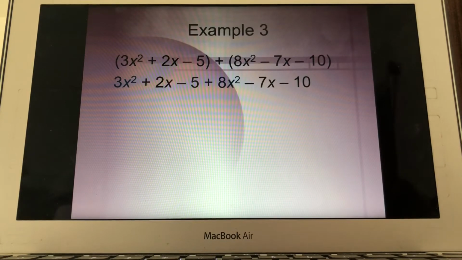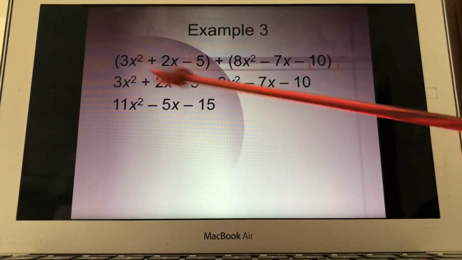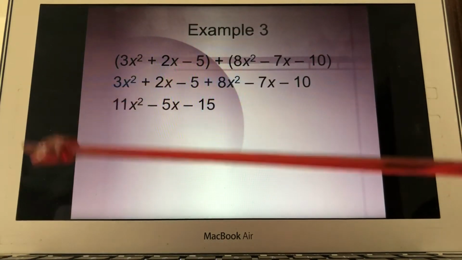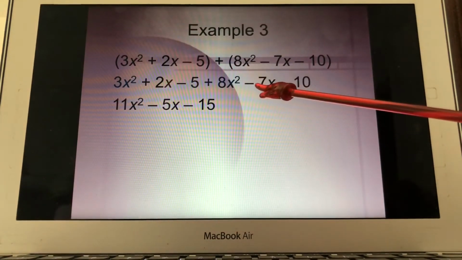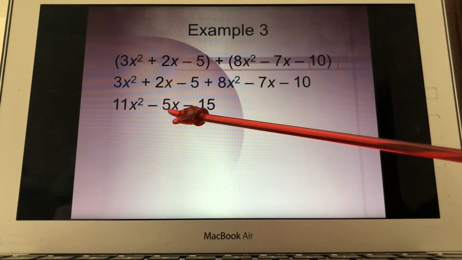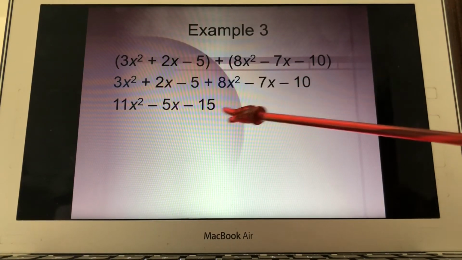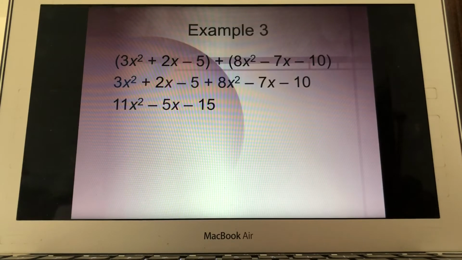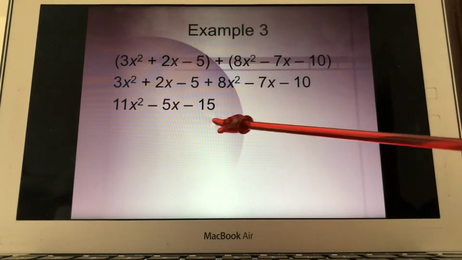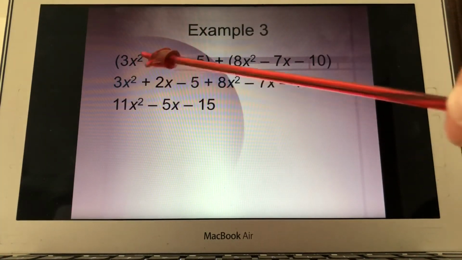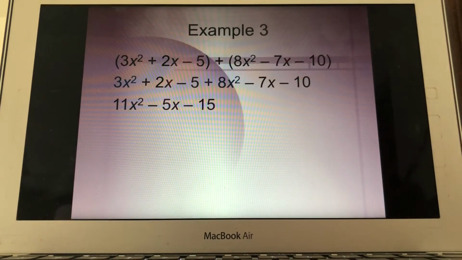So you're going to combine those like terms. 3 plus 8 equals 11. 2 minus 7 gives us negative 5x. And then negative 5 minus 10 gives us negative 15. And there is our answer here for this equation.